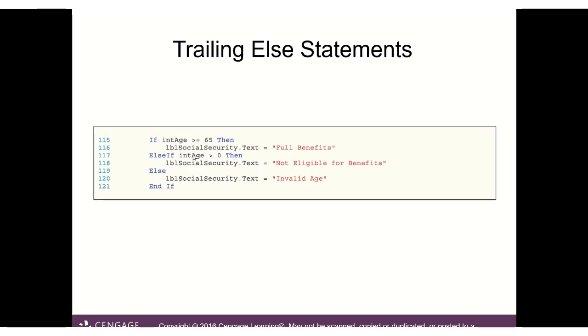There can be a trailing else statement. If you do all the if, else if, and then at the end you do an else statement, it will guarantee that one of the statements will be executed. It is often considered a good practice to put a trailing else statement to guarantee that something comes out of that control structure.